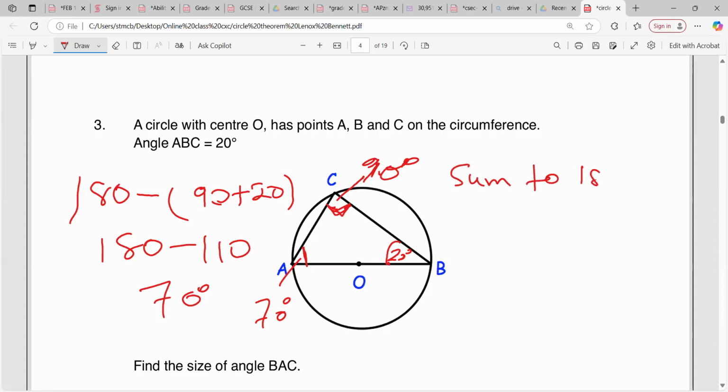It doesn't matter if it's equilateral, scalene, or isosceles. All angles in a triangle add up to 180. And bear in mind, this is one of the rules: angle in a semicircle is 90 degrees.